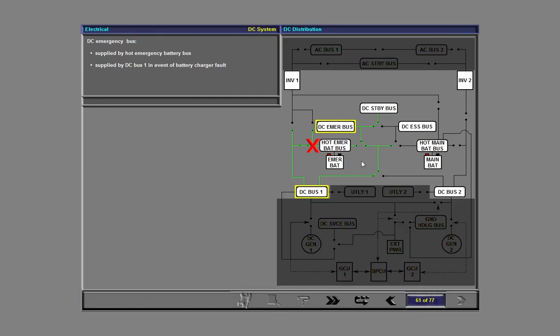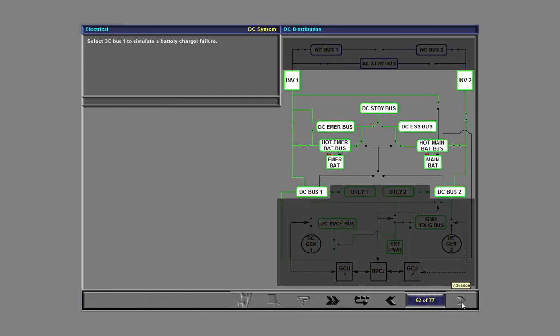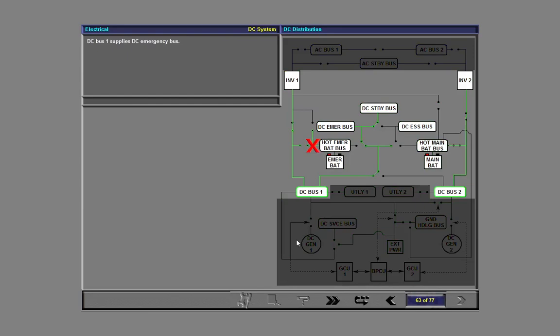In the event of a battery charger fault, it is supplied by DC bus 1, and in the event of an undervoltage on DC bus 1, it is supplied by DC bus 2. Now select DC bus 1 to simulate a battery charger failure. DC bus 1 now supplies the DC emergency bus.